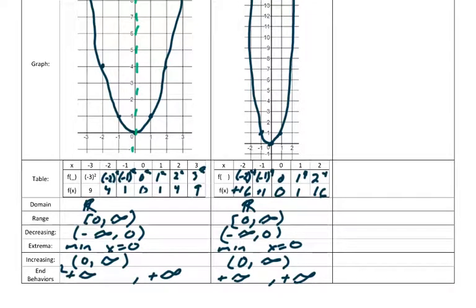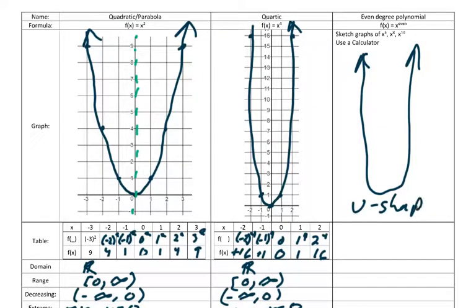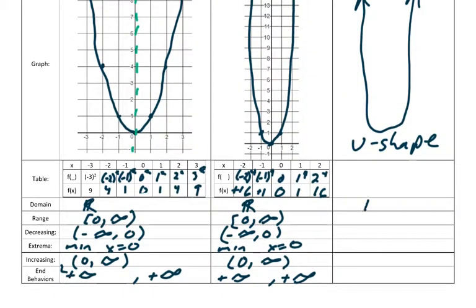Why, yes, they do. If you graph any of these x to the even functions, it's going to have this basic U shape, regardless of what it is. Any positive even power is going to have some sort of U shape. The domain is all reals.